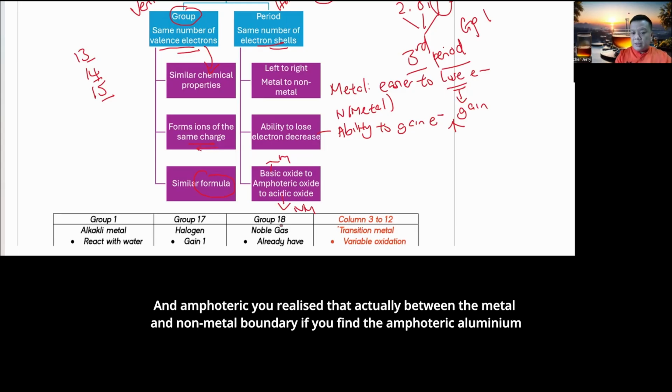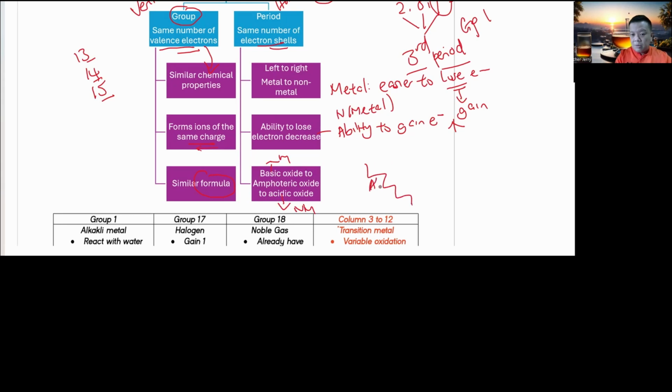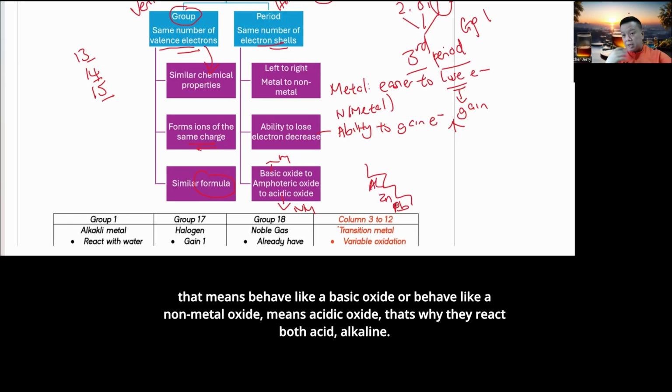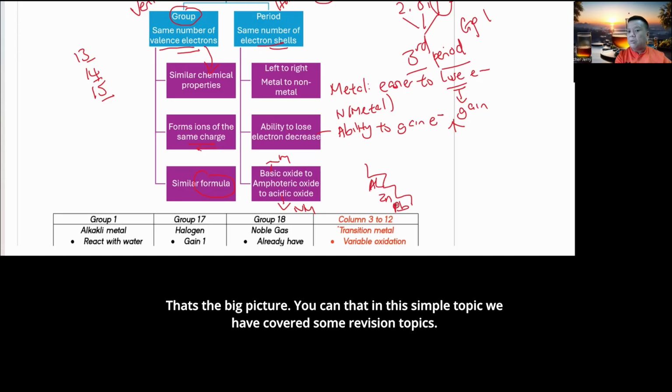And amphoteric oxides, you realize, are found between the metal and non-metal boundary, like aluminium and zinc. They are very close to the boundary. That's why they can behave like a metal, meaning a basic oxide, or like a non-metal, meaning an acidic oxide. That's why they can react with both acid and alkali. That's the big picture.